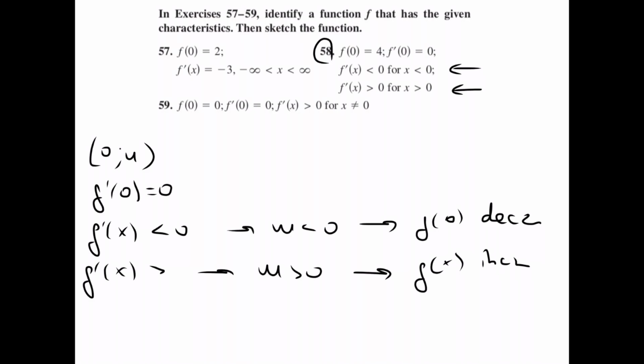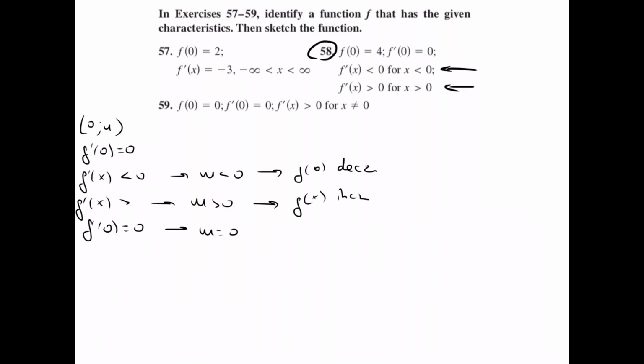When the derivative is 0, so f dash of 0 is 0, the function neither increases nor decreases. This means that the tangent at that point is parallel to the x-axis, or you can say the tangent is a horizontal line. So from here I get m is 0.